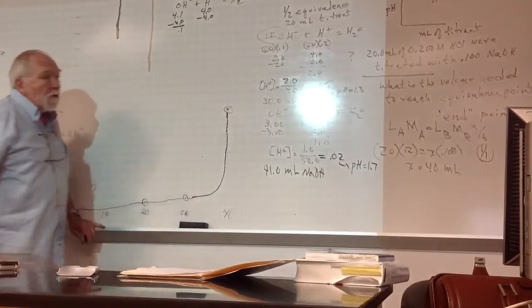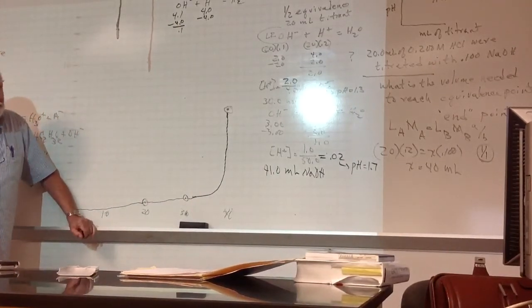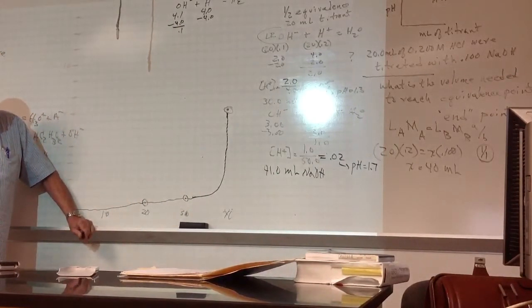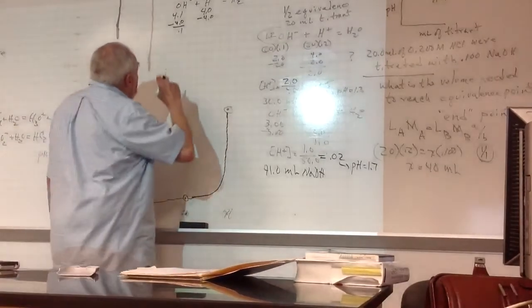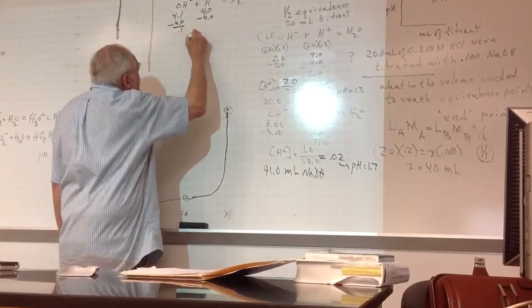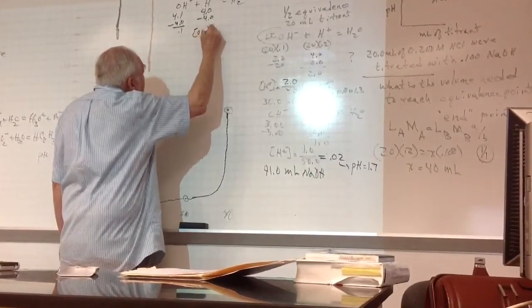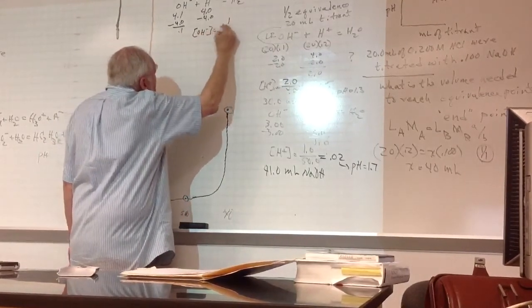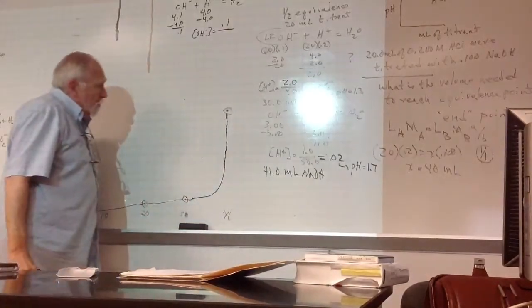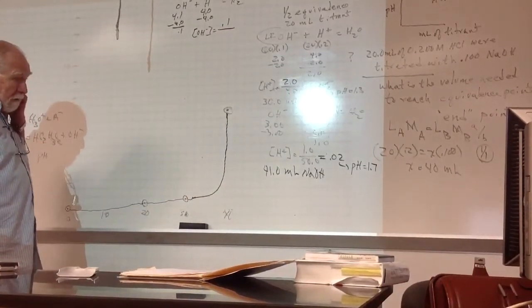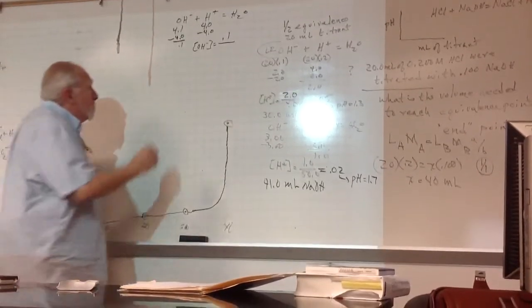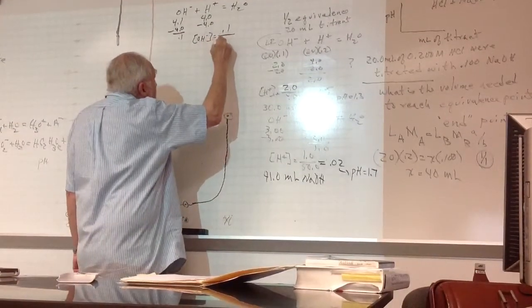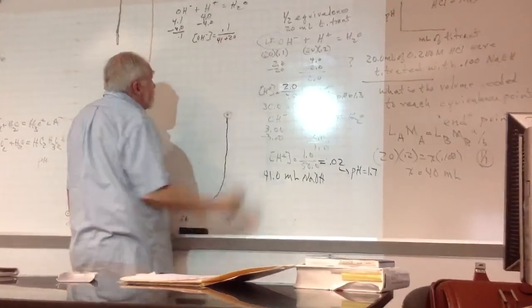So you have 0.1 millimoles of hydroxide in excess. Okay? So now you can use this and say concentration of hydroxide ion, 0.1, over the total volume, which is 41 plus 20, 61.